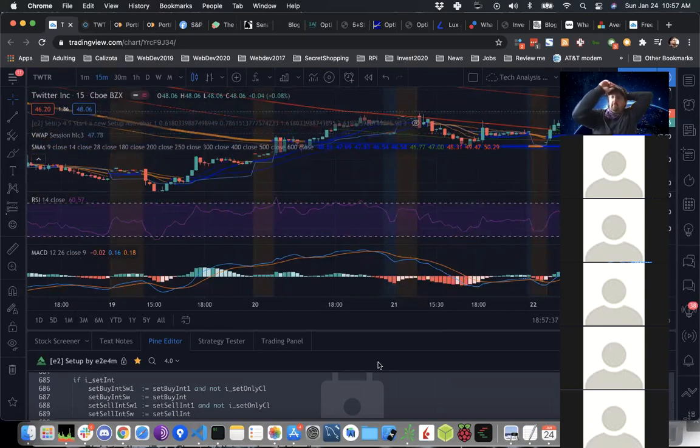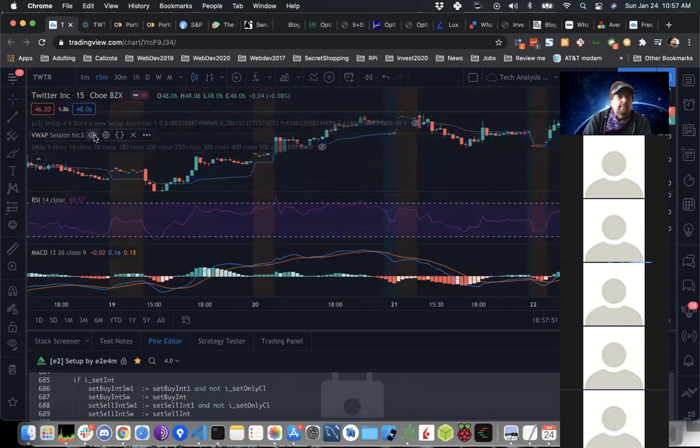Anything else anybody can think of? Again, I'd like to put in things like those risk ranges, and I'm going to just turn these off a second. VWAP.